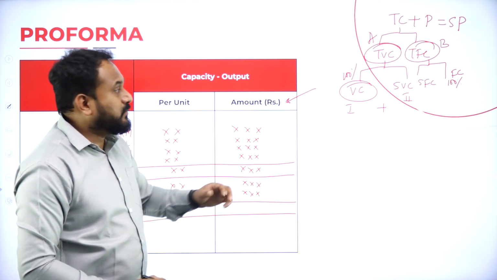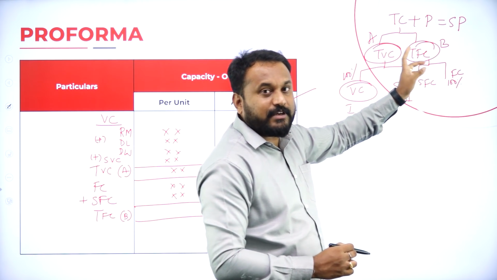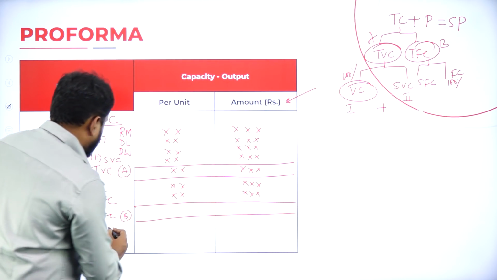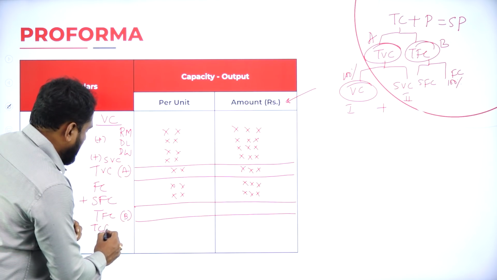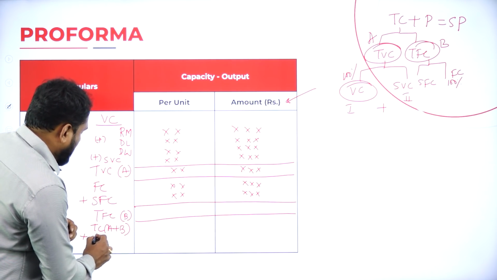Now, what we should do is A plus B, that is total variable cost and total fixed cost, we are supposed to add. We get total cost. Total cost is equal to A plus B. Now, you need to add profit.